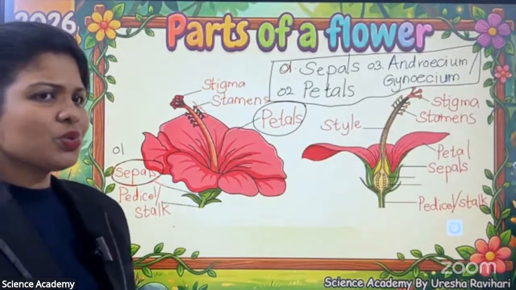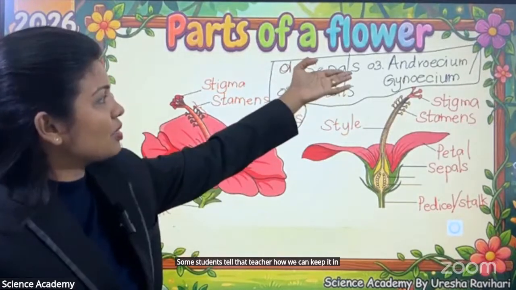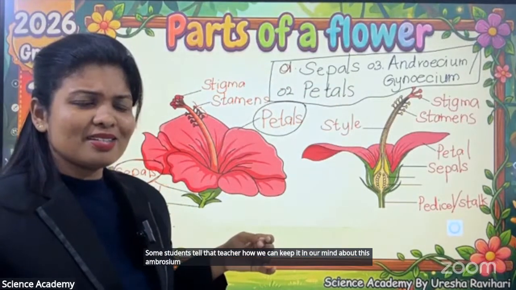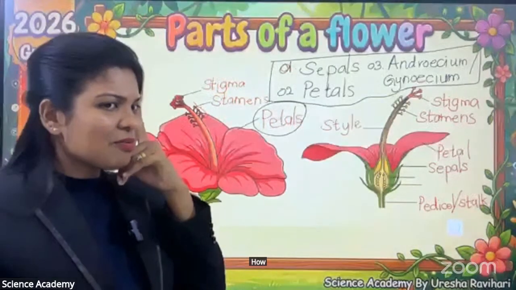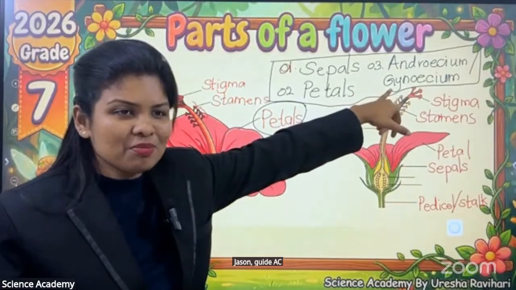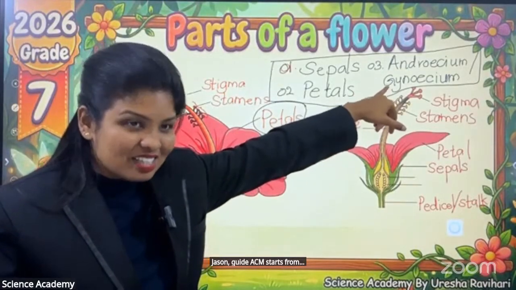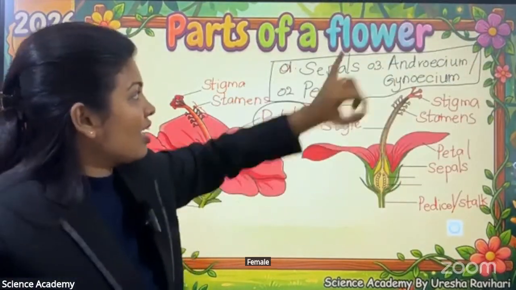Children, some students ask, teacher, how can we keep in mind androecium and gynoecium, right? So children, gynoecium starts with G. G for girls, female part.